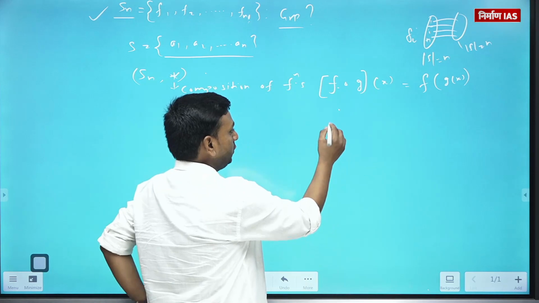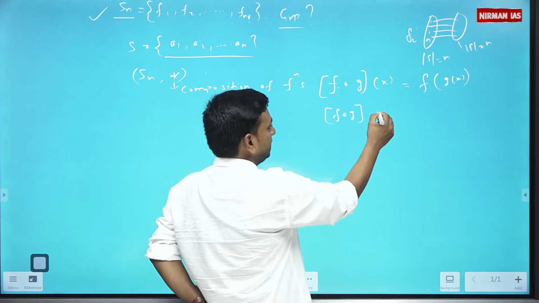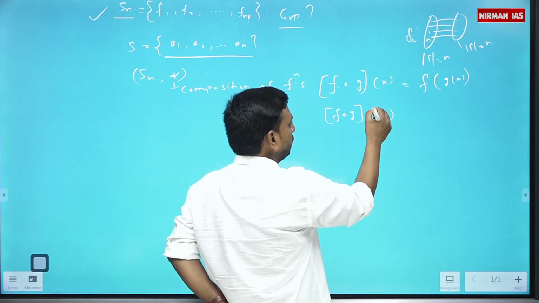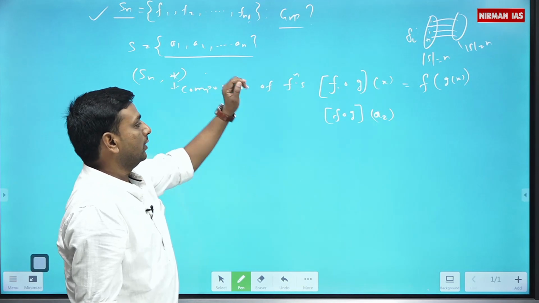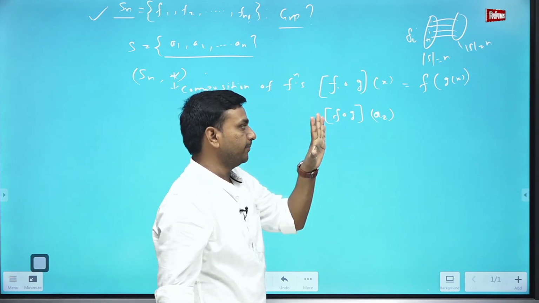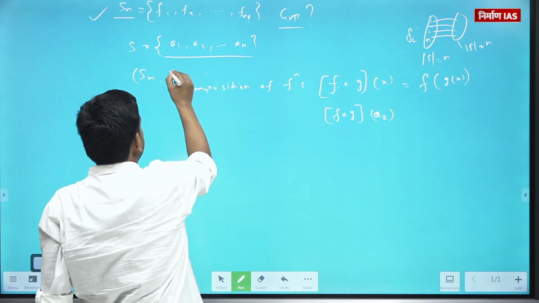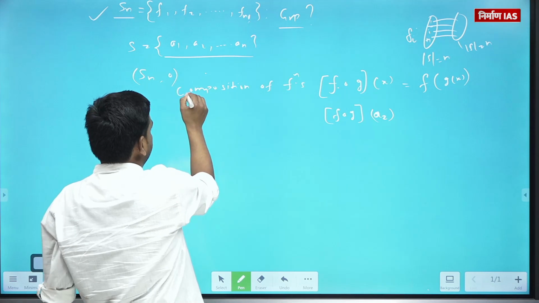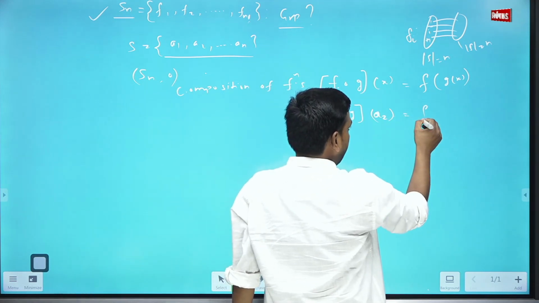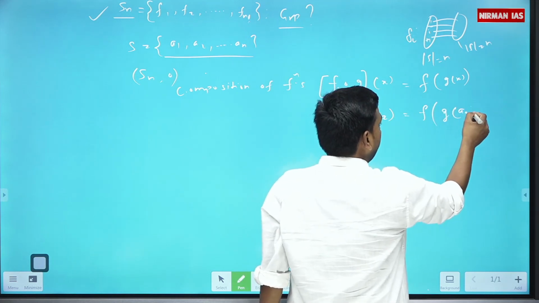If I want to check the image of the element, let's say a2, under the function f o g, it will be nothing but f of g of a2.